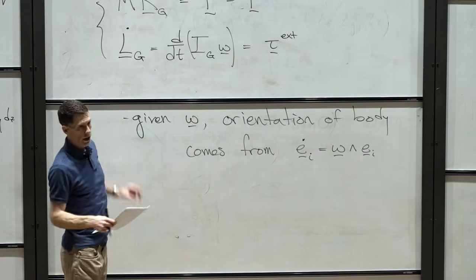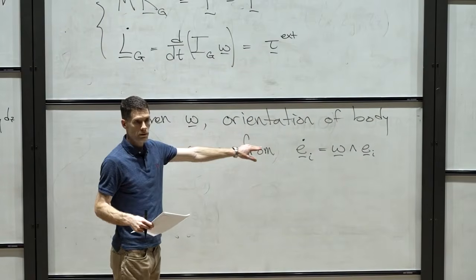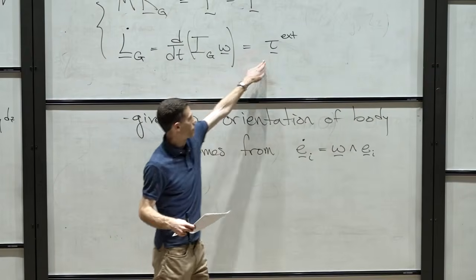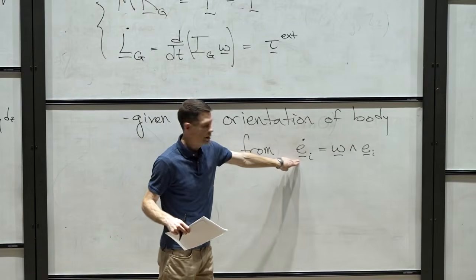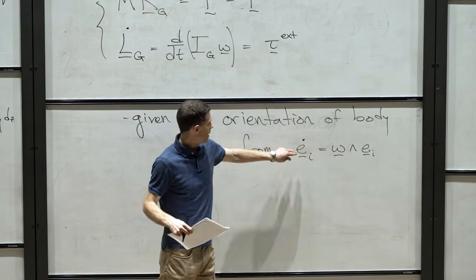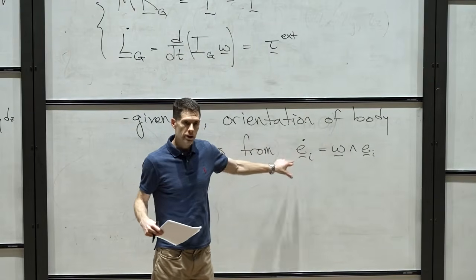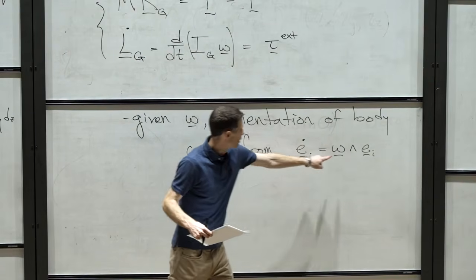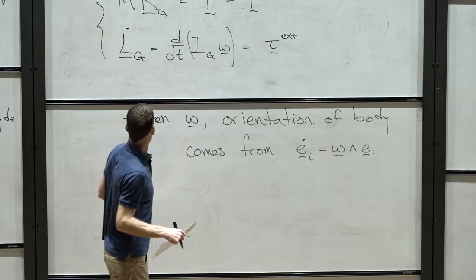You might need to solve for that too if you want to know the orientation of the body, because the torques might depend on the orientation of the body. This is also linked to the fact that the vectors living in the body, the non-inertial frame, change according to that cross product. Okay?